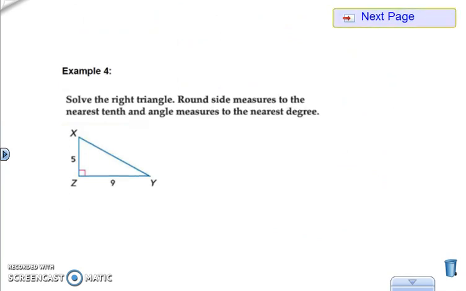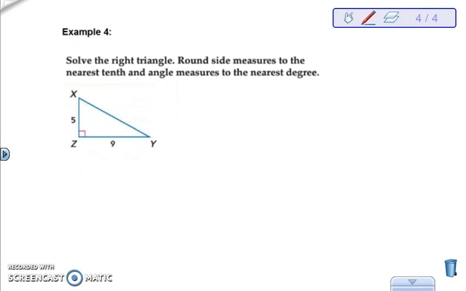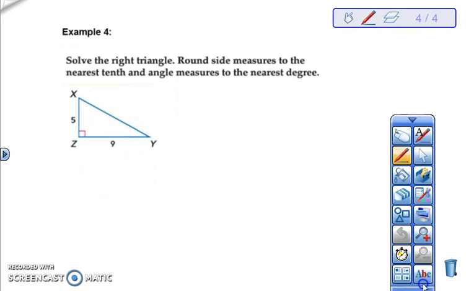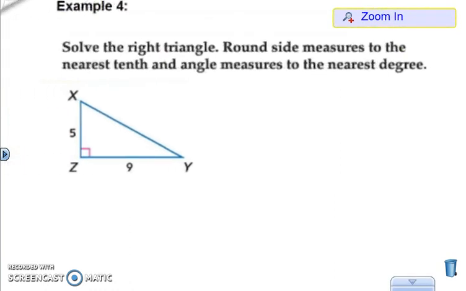And our final example for the day, we're going to take a triangle and solve for the missing pieces using what we've learned the last couple of lessons. So it says solve the triangle, which means find the missing parts, and we're going to round side measures to the nearest tenth and angles to the nearest degree.